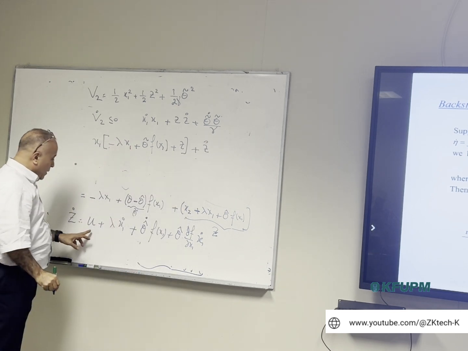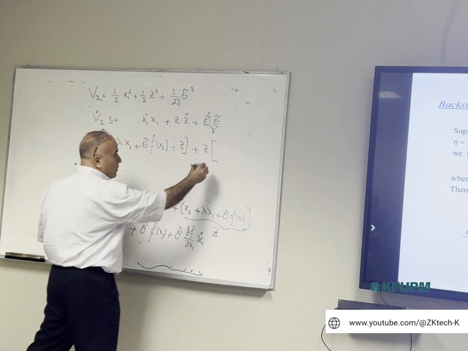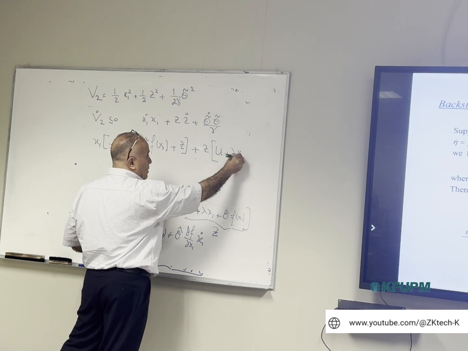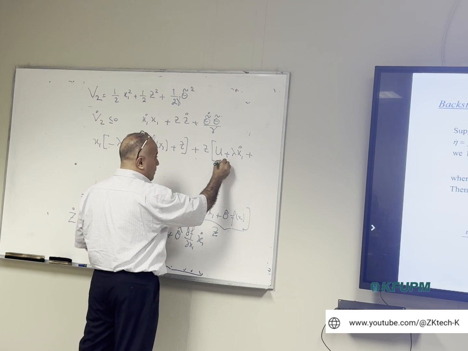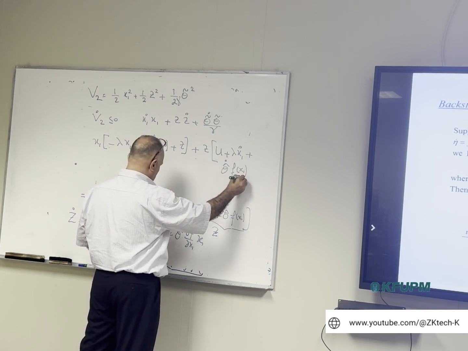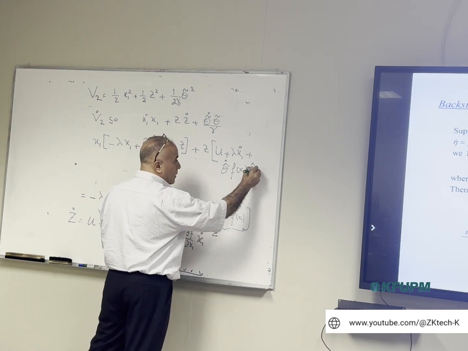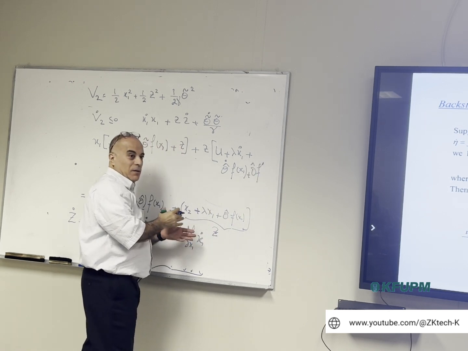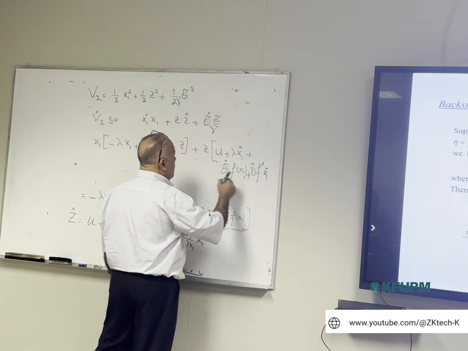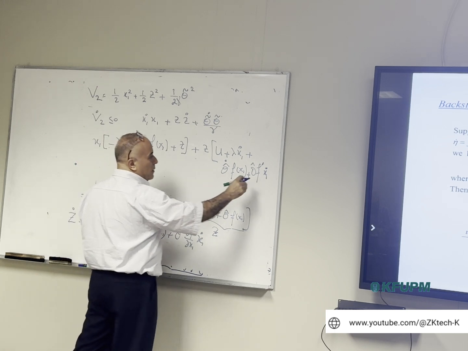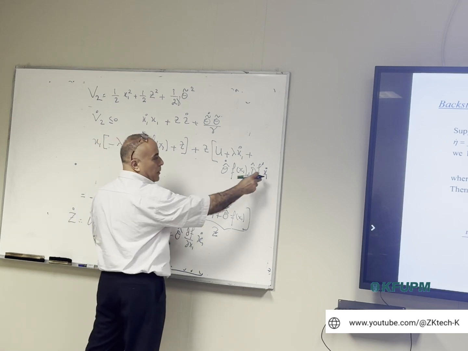We computed z prime, which is u plus lambda x1 prime plus theta hat prime f of x1 plus theta hat multiplied by f prime of x1 multiplied by x1 prime. And x1 prime is the same as we have here: minus lambda x1 plus theta hat f of x1 plus z.